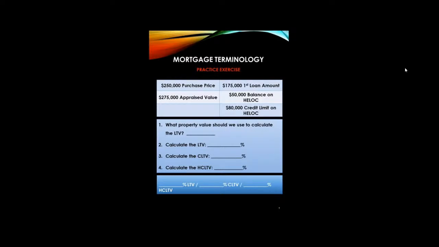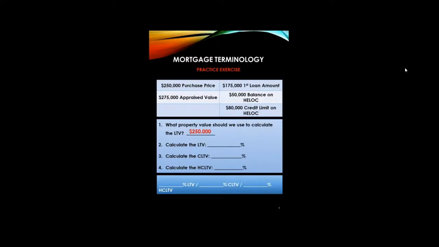First question: what property value should we use to calculate the LTV? I'm going to give you a hint. It's the lower of the appraised value or the purchase price. Based on that hint, the answer is $250,000 because the purchase price is lower than the appraised value.